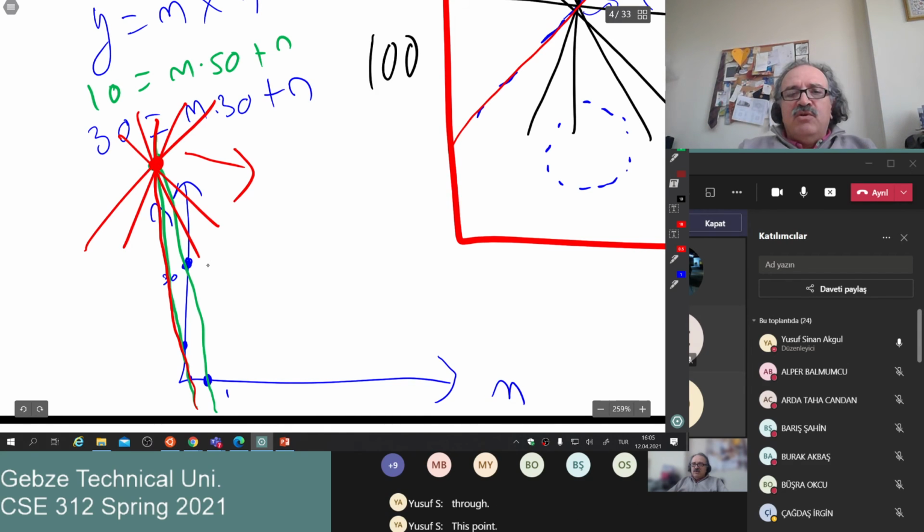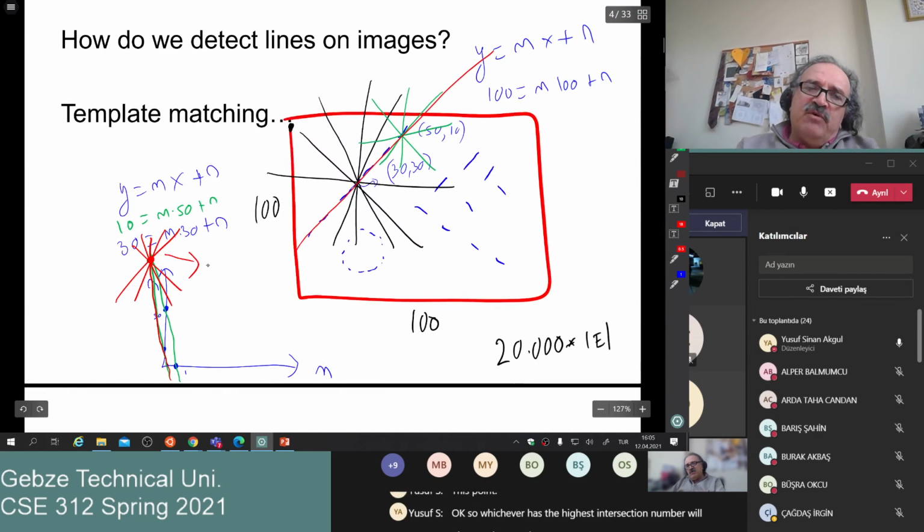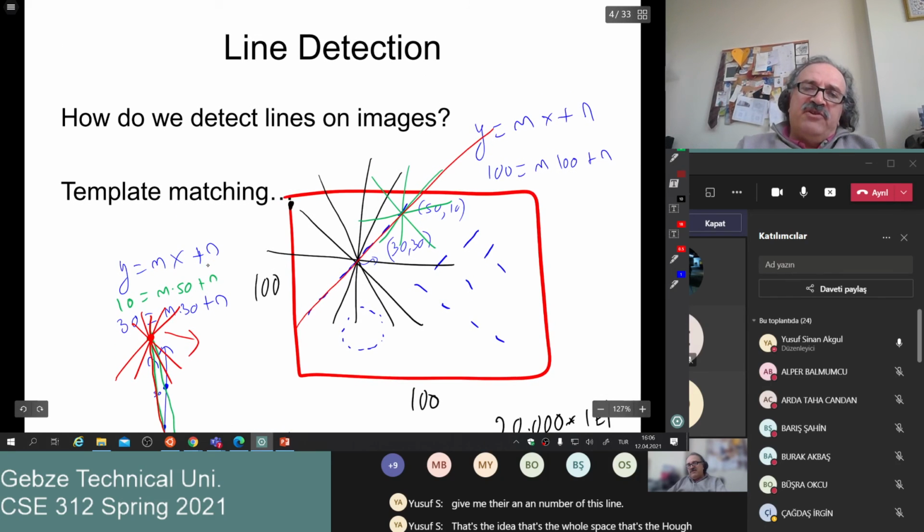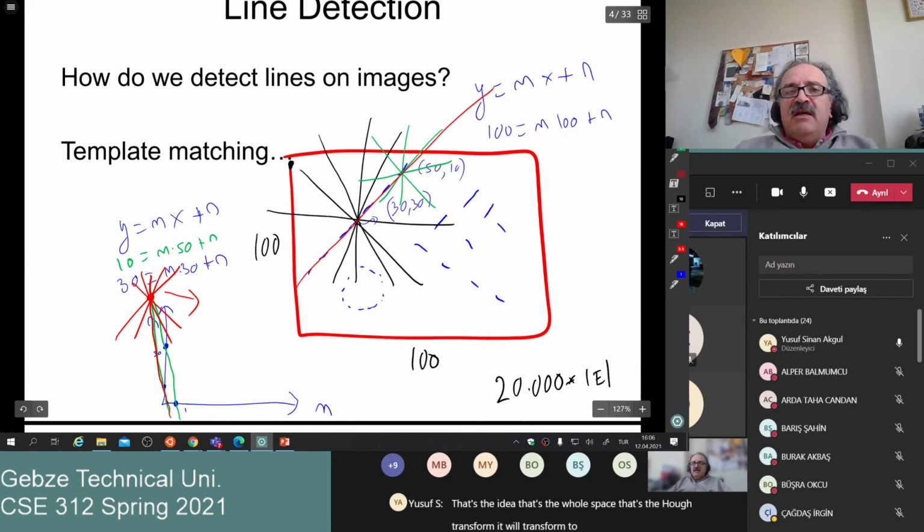So whichever has the highest intersection number will give me the MN number of this line. That's the idea. That's the Hough space. That's the Hough transform. It will transform to a different space. That will give me the lines.